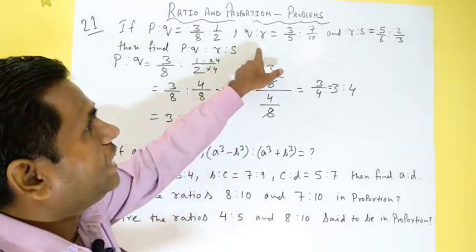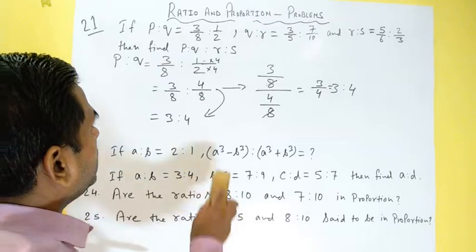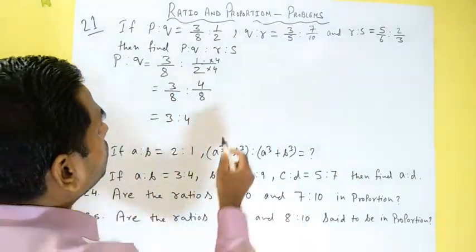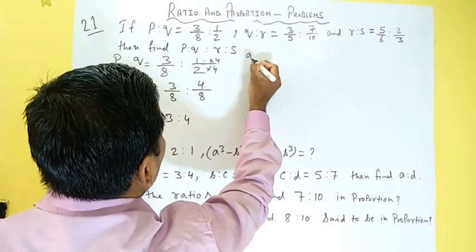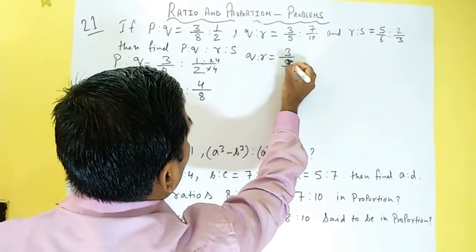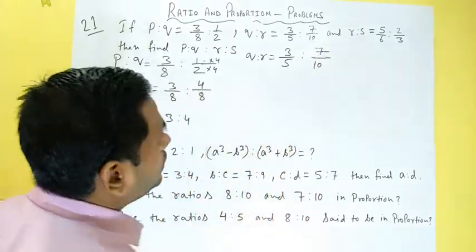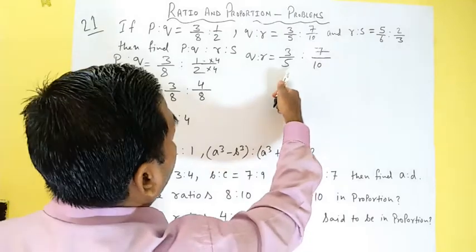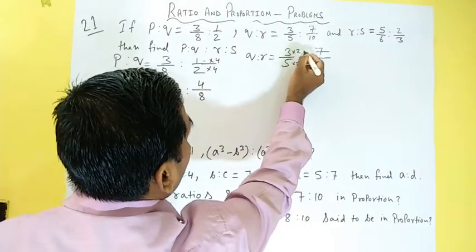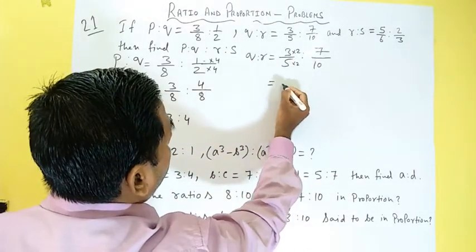Similarly, we have to calculate for QR and RS as well. Okay, so let's do that also. So for QR, Q is to R, 3 upon 5 is to 7 upon 10. Now here we will multiply 2 to this fraction, because if we multiply 2 to this fraction, 5 into 2, the denominator will become 10.